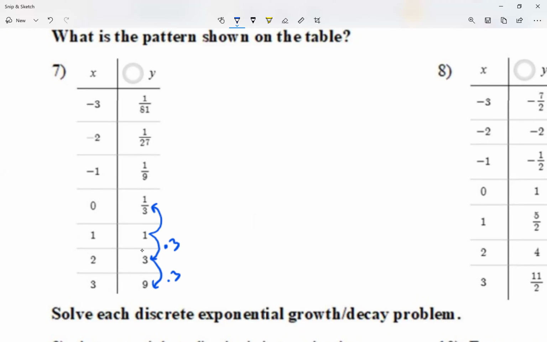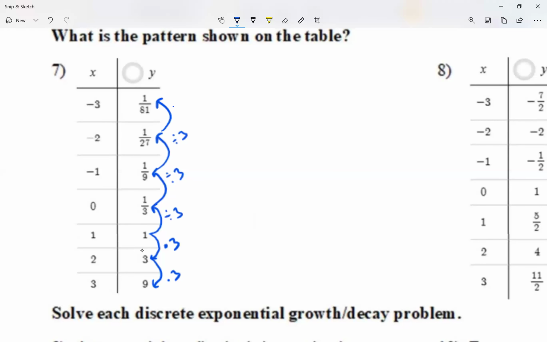So going up is division. I divide by 3. Okay. 1 divided by 3 is 1/3. Yep. 1/3 divided by 3 is 1/9. Yeah. 1/9 divided by 3 is 1/27, and so on and so forth. So it does work. It is exponential.